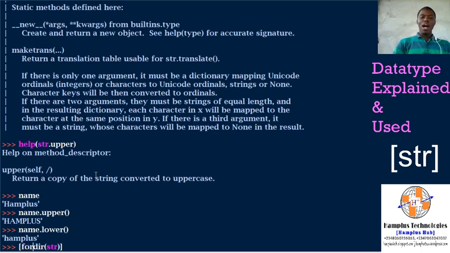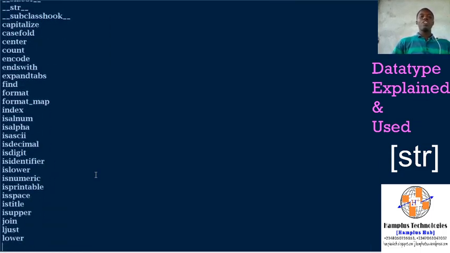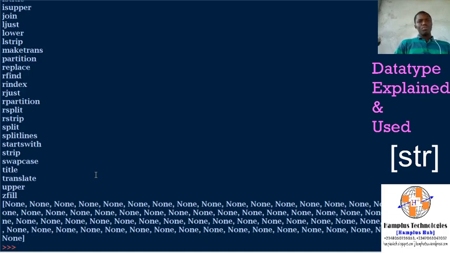So I'll say for i in this, for each of the items in that big list, print i. Then this gives me the list.